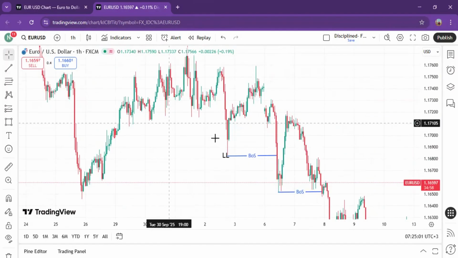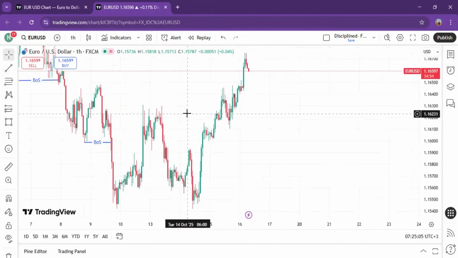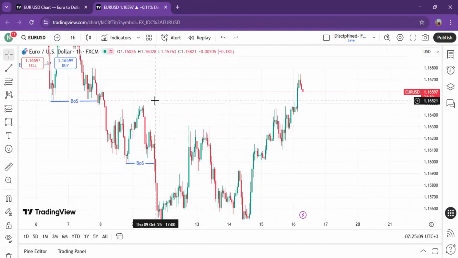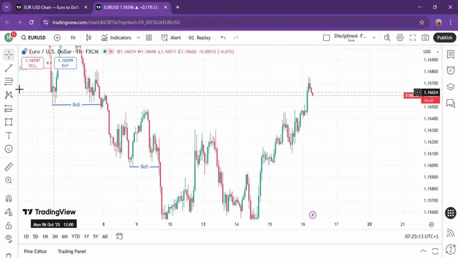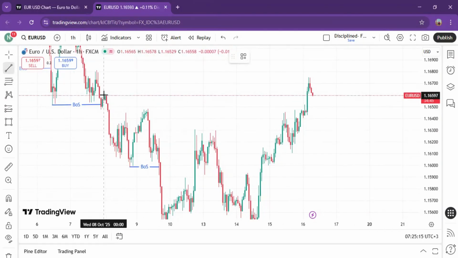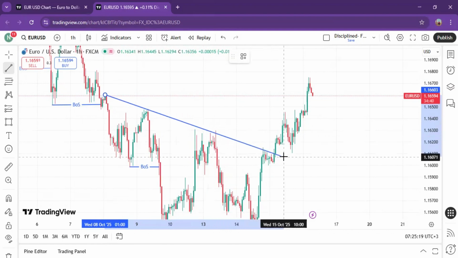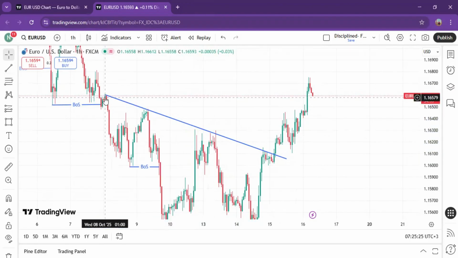Then we have the trend line. The trend line liquidity. So have a look at this. The market taps into this point, gives us that sell position.